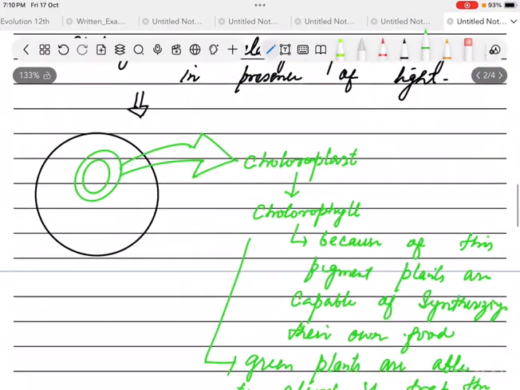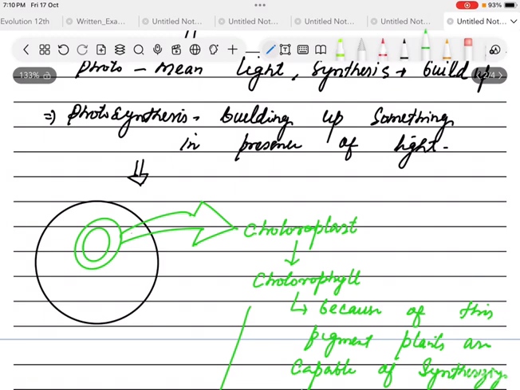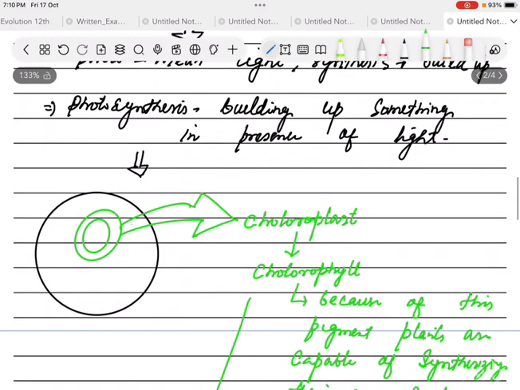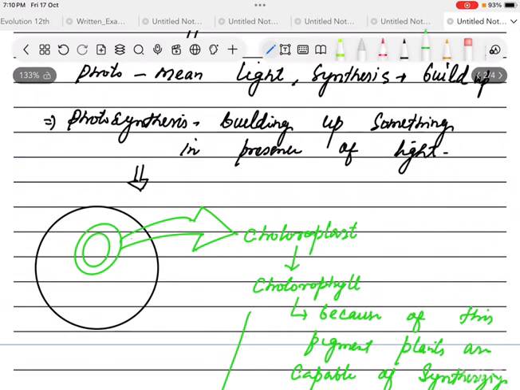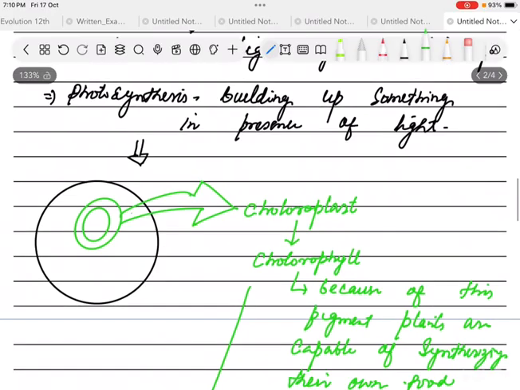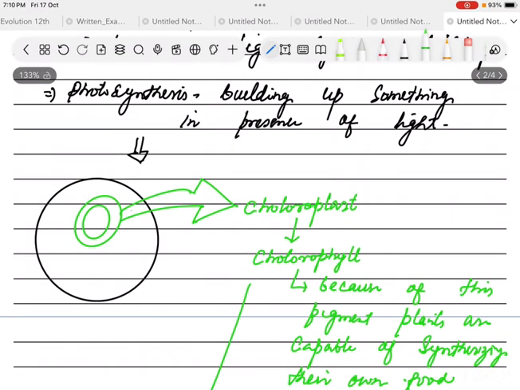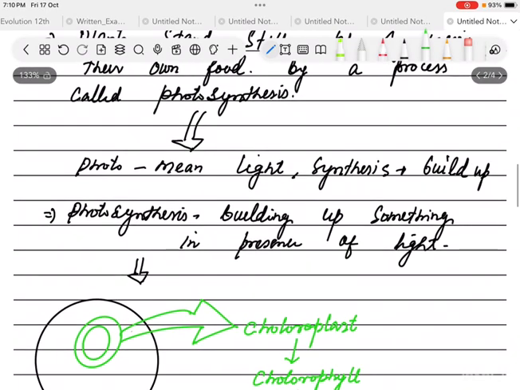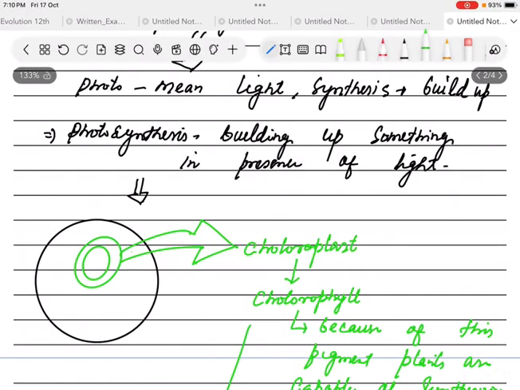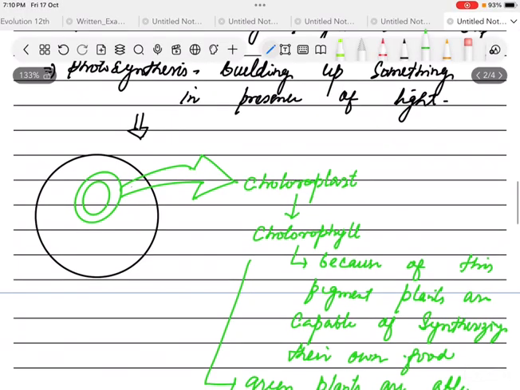Fine. Now, what I told you is that green autotrophic plants are capable of synthesizing their own food by a process called photosynthesis. Then we broke down the term photosynthesis. Photo means light, and synthesis means building up. And then the question arises: how are the green plants capable of performing the process of photosynthesis? The answer lies in the basic structural organization of plants. Plant cells possess a special type of double membrane organelle.